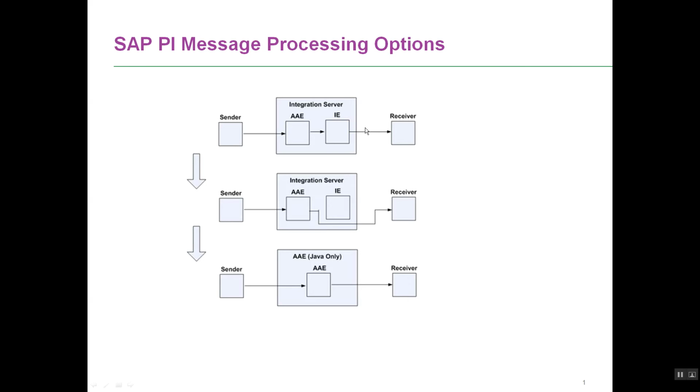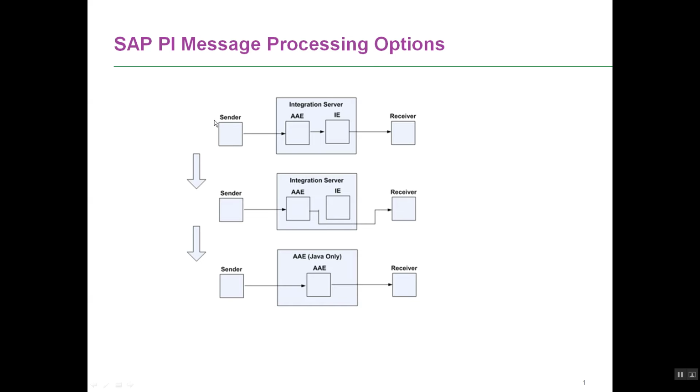That would mean one more switch, and then finally the message used to get delivered to the receiver. So this is what we used to call classical message processing or a classical configuration. So far, the sender agreement, receiver determination, interface determination, and receiver agreement objects that we created were what we call the classical processing of messages, where the message would pass through both the adapter engine and the integration engine.